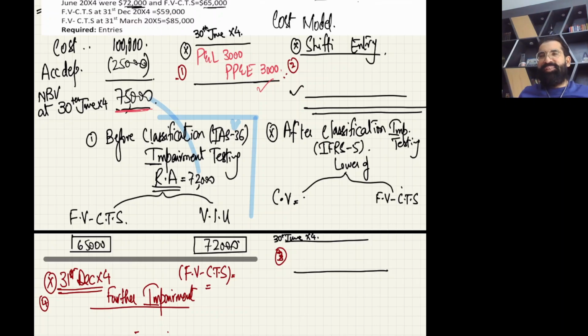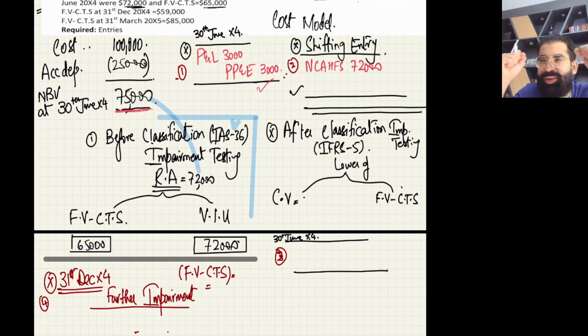Now we have to make the shifting entry. Shifting entry means you will say bye bye to PPE and you will give birth to held for sale. So this will be the entry: non-current asset held for sale debit 72,000.